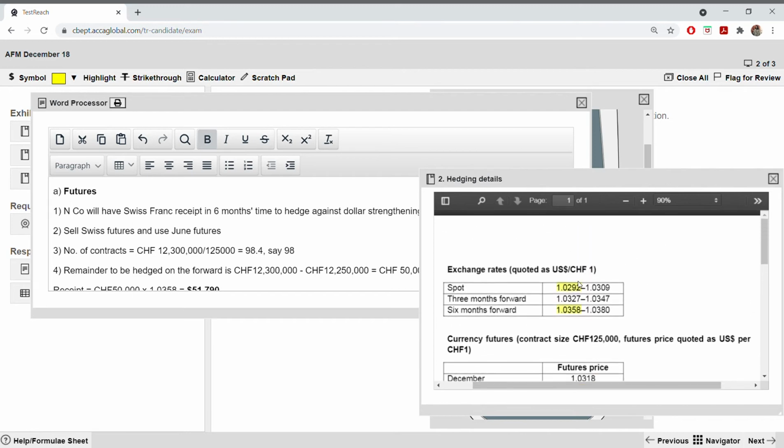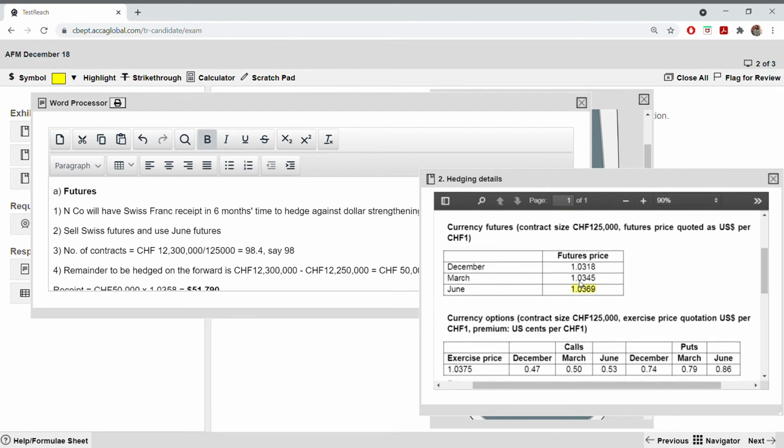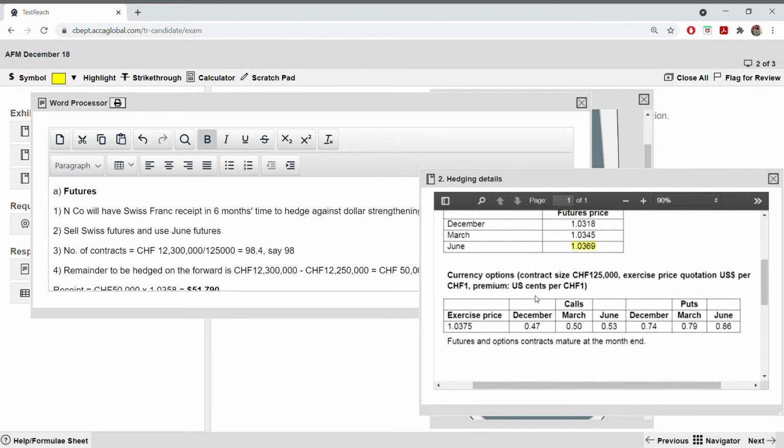Okay, the spot is 1.0292 and the exercise price is 1.0375. Okay, that means 1.0292 per dollar. Right, dollar is equal to 1 Swiss franc and now 1.0375 is equal to 1 Swiss franc.